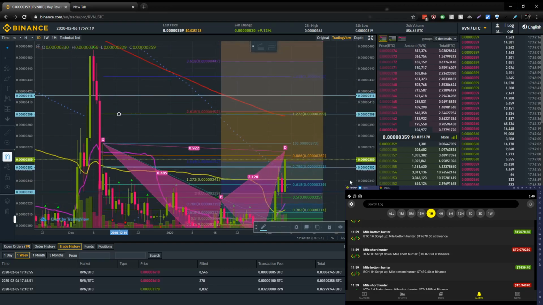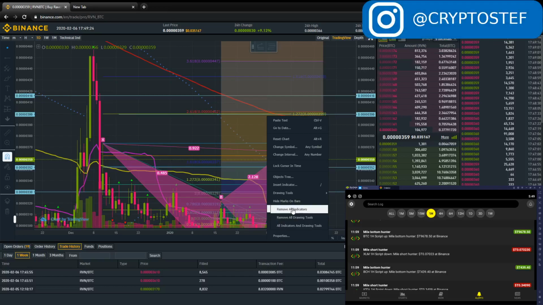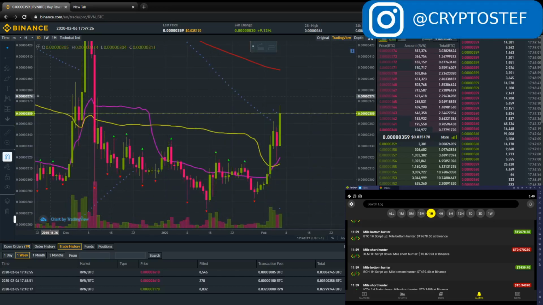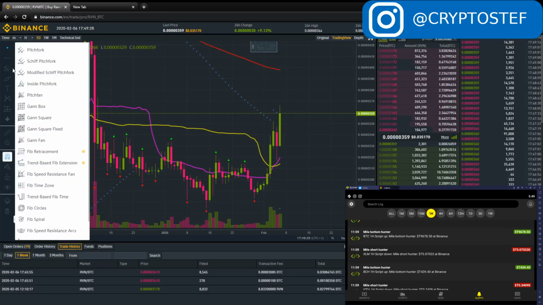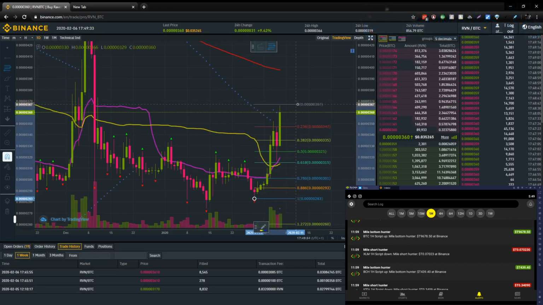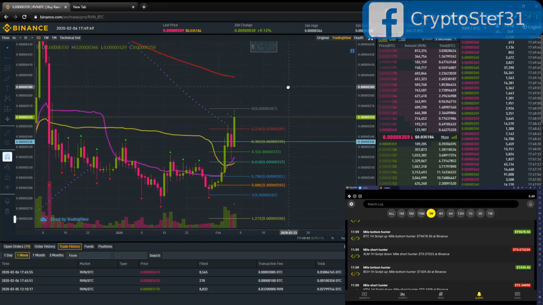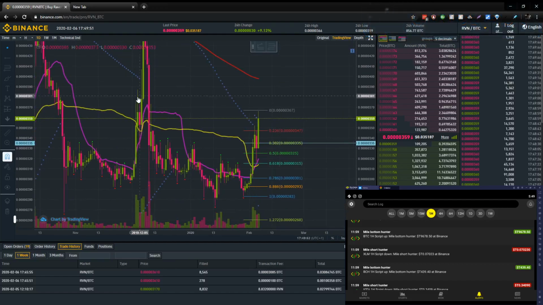So let's remove all the drawing tools. If this is a bet, and you want to buy this, you will put bids here. So let's put bids here, 335, and let's calculate where we're going to sell.